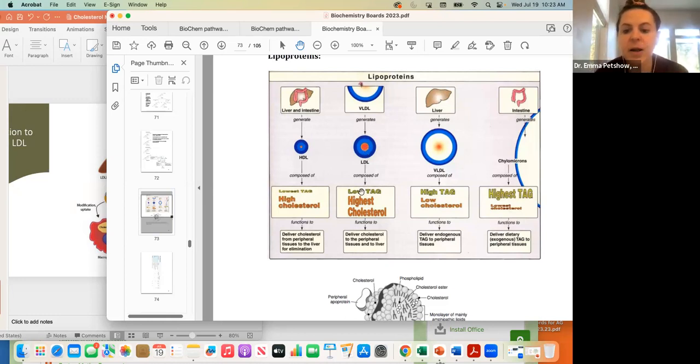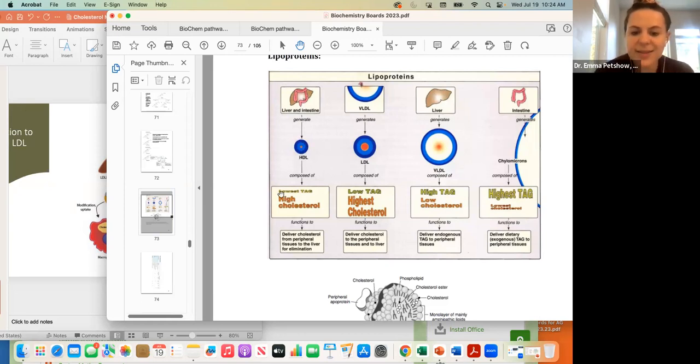Okay. VLDL then, in the tissue, VLDL can break down or generate LDL. LDL has now a low amount of triacylglycerols because we've given away a lot of these triacylglycerols to the peripheral tissues. And so now it has a lot of cholesterol. It's the highest amount of cholesterol is in this LDL molecule. This LDL molecule that came from VLDL, its purpose is to deliver cholesterol to peripheral tissues as well as back to the liver. So that's LDL's function, but primarily to peripheral tissues. And then last but not least, we have the liver and the intestine can generate HDL, primarily liver, more so than the intestine.